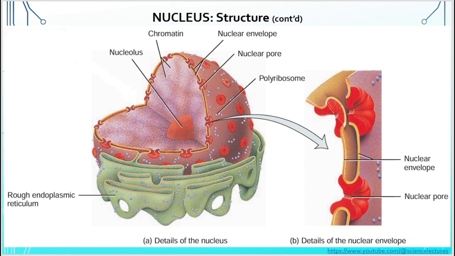Many openings called nuclear pores extend through the nuclear envelope. Each nuclear pore consists of a circular arrangement of proteins surrounding a large central opening that's about 10 times wider than the pore of a channel protein in the plasma membrane.